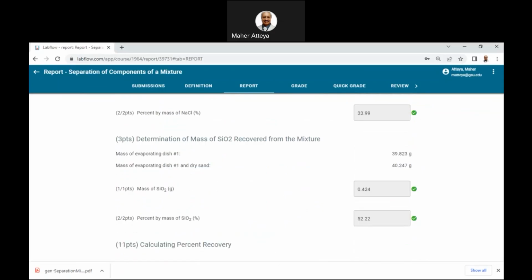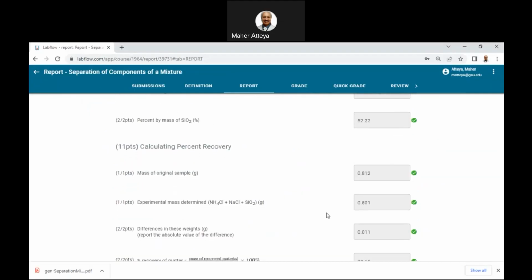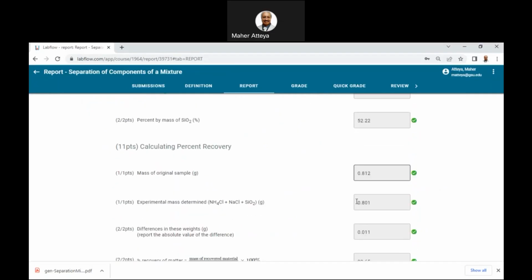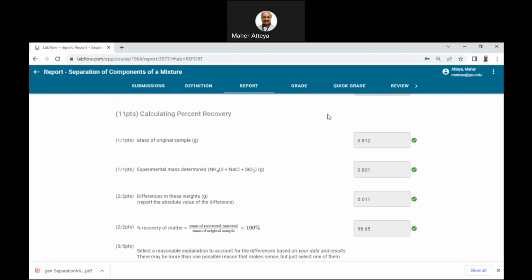Okay, and let's take this one here. Silicon dioxide. Copy and paste. X, and copy and paste the other one. 11. Yeah, we did cover this one here. Okay, so let's see here.